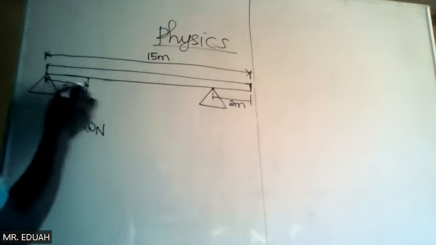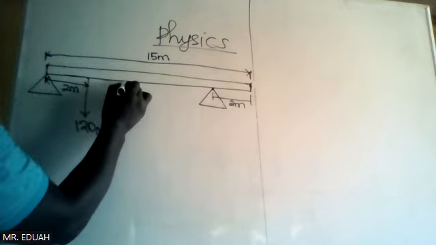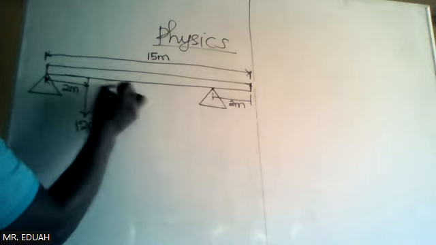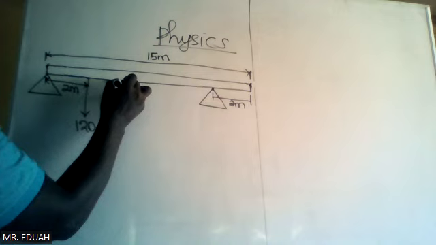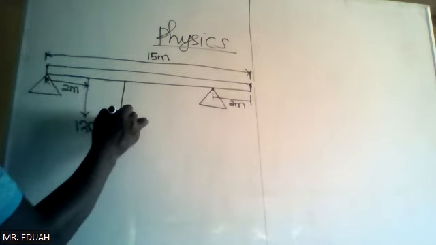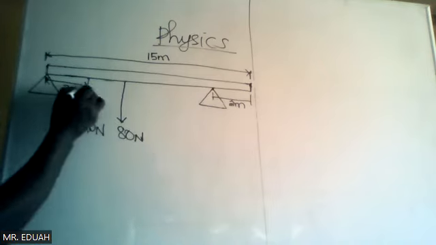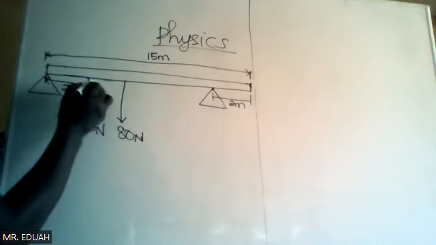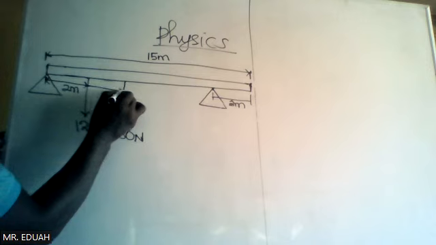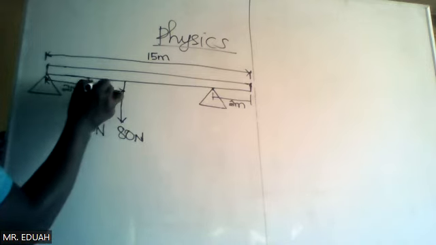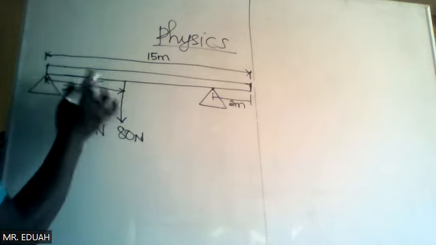If this is 2, then when I add 3 meters to this 2, I locate the 80 Newton load. So from the 120 to the 80 Newton, I have 3 meters.